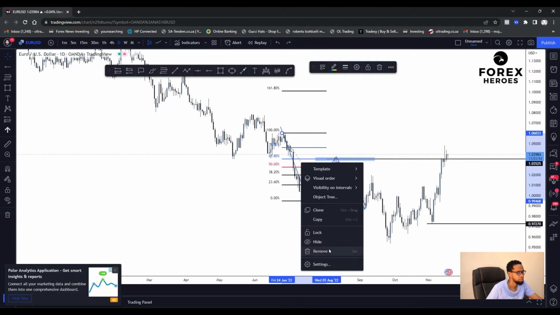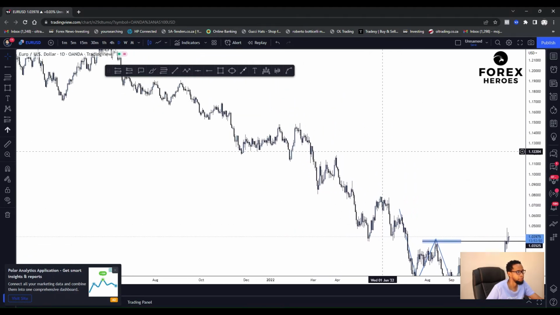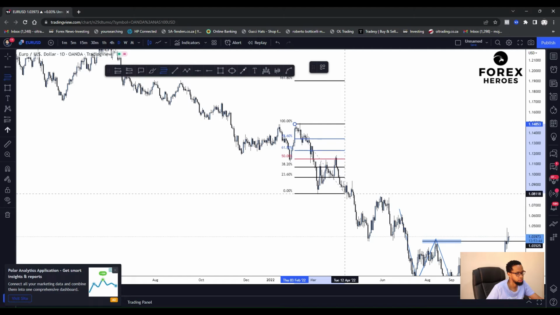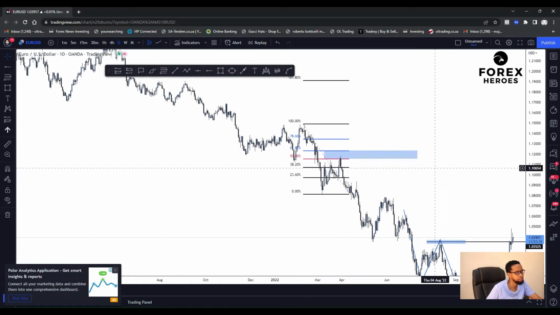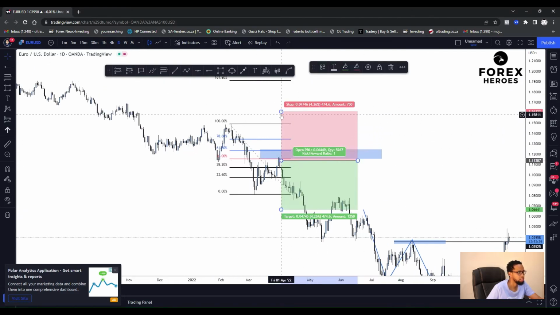Okay, see, we have this, and then another one. So you can see this one is also below 618, but it's at 50%. So if you took this trade, you will take this trade like this.